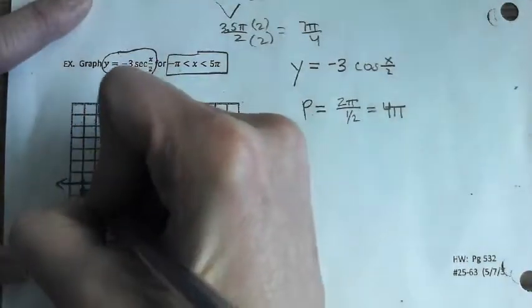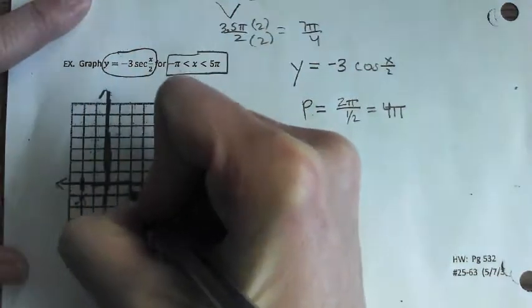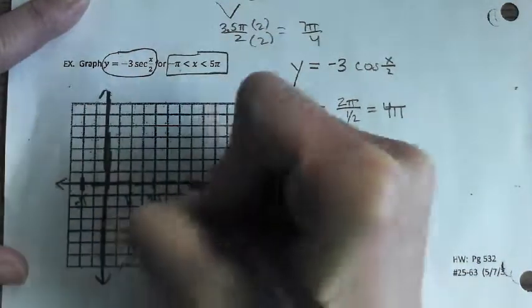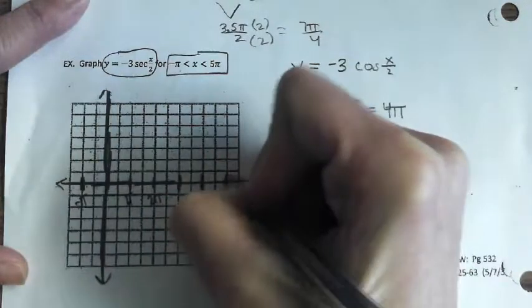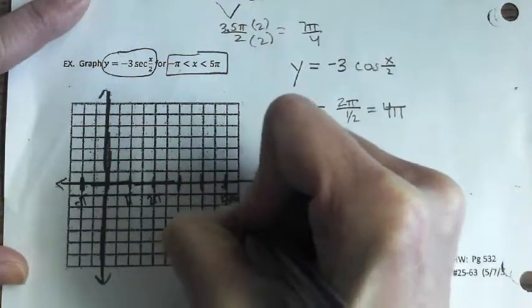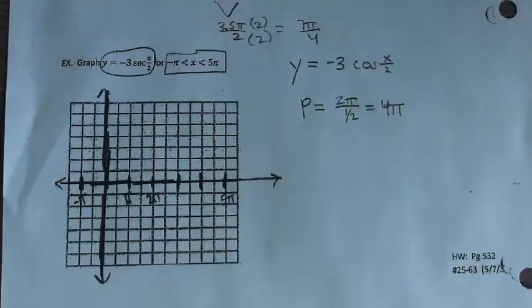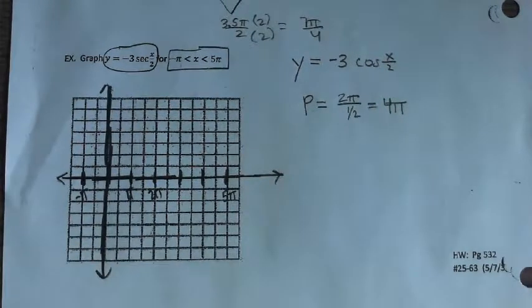So this will be my negative pi, 1 pi, 2 pi, 3 pi, 4 pi, 5 pi. Now my cosine guide. What's the starting value of my cosine curve, the starting point of my cosine curve? 0, negative 3. Very good.